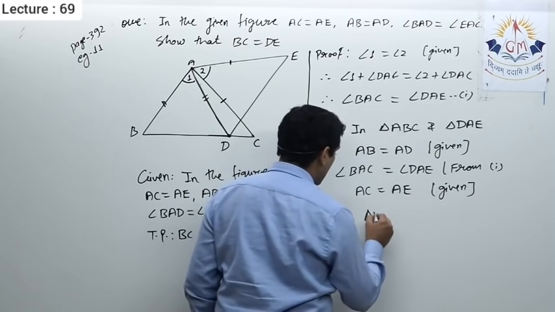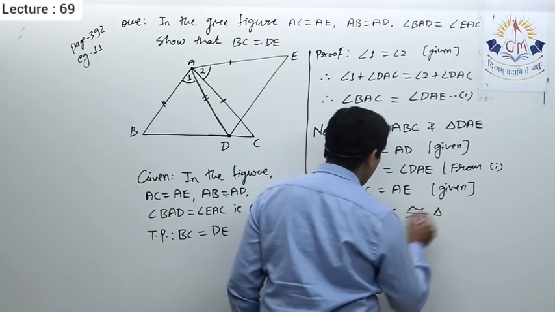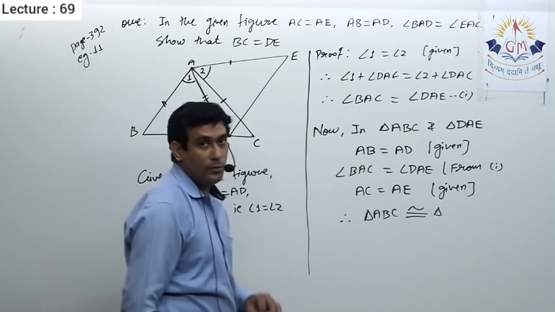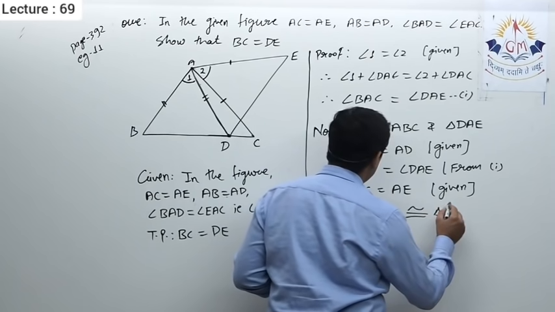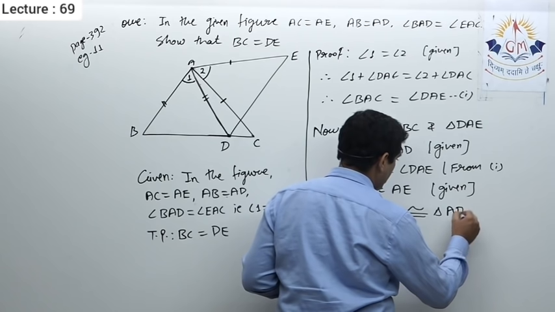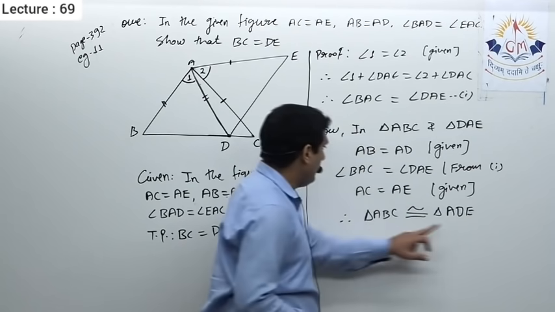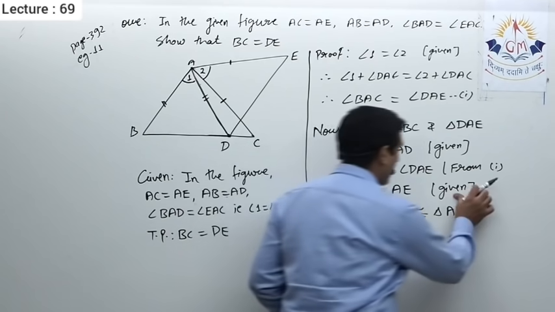Therefore I can write triangle ABC is congruent to triangle ADE. Here you have to keep the order correct. AB equal to AD and AC equal to AE, so it is correct, ADE.